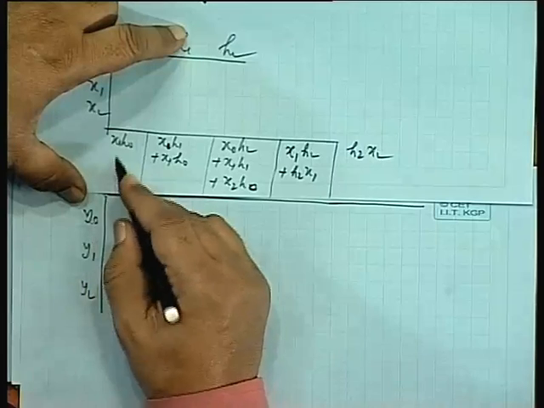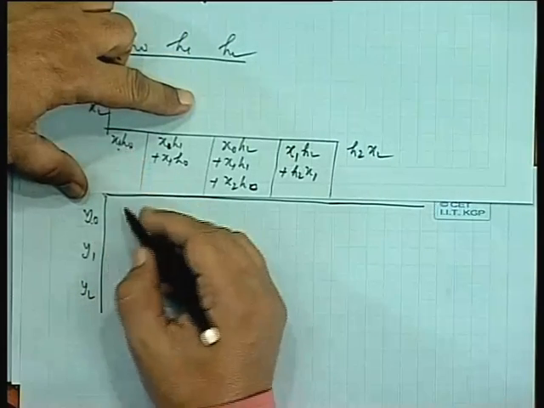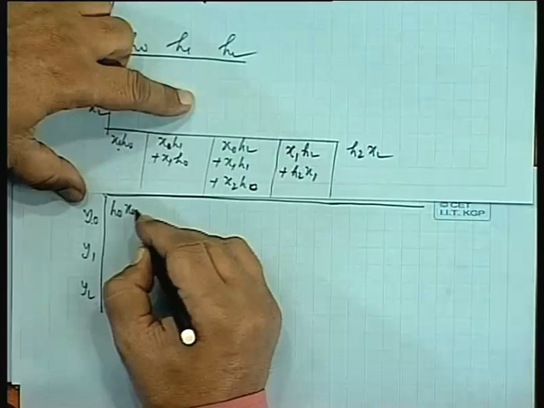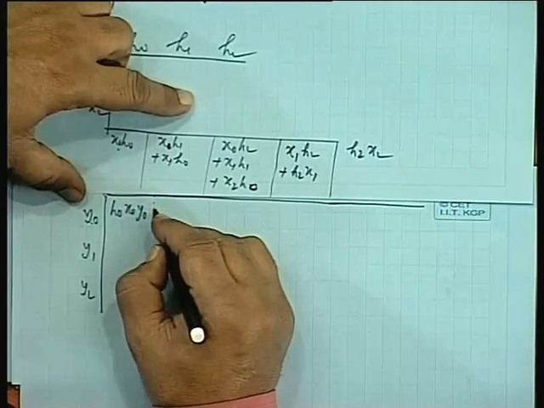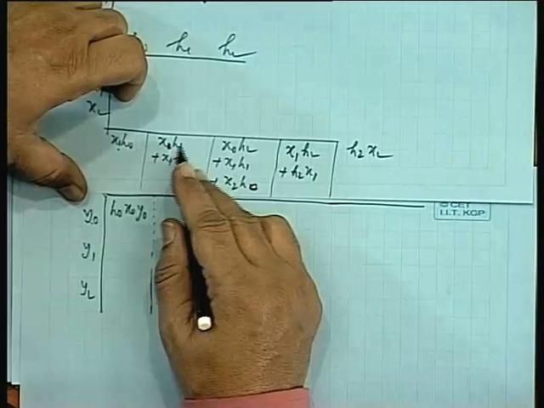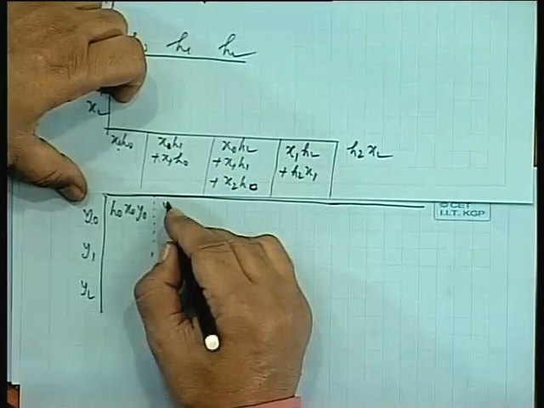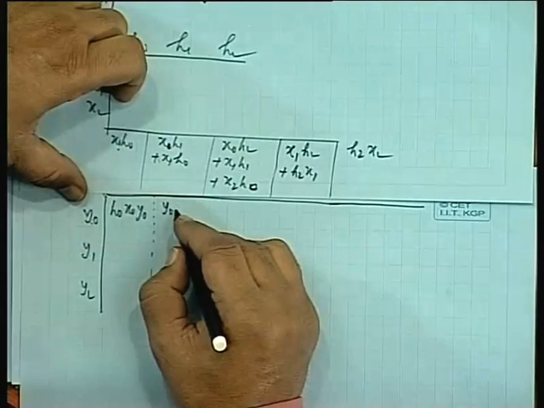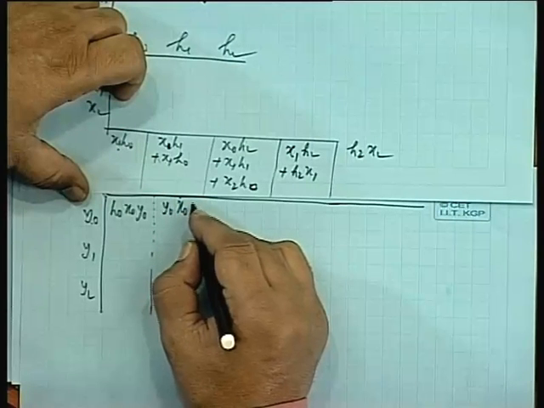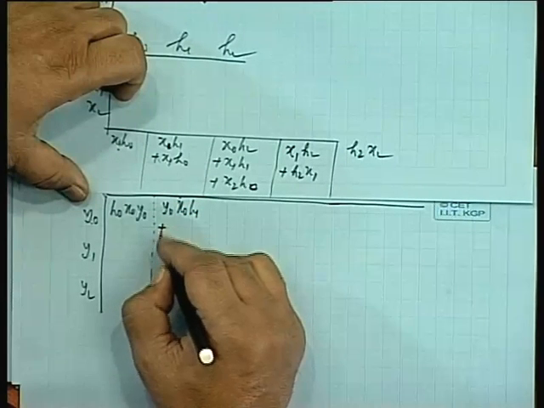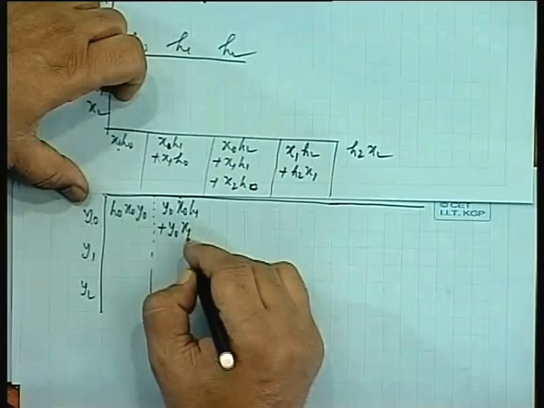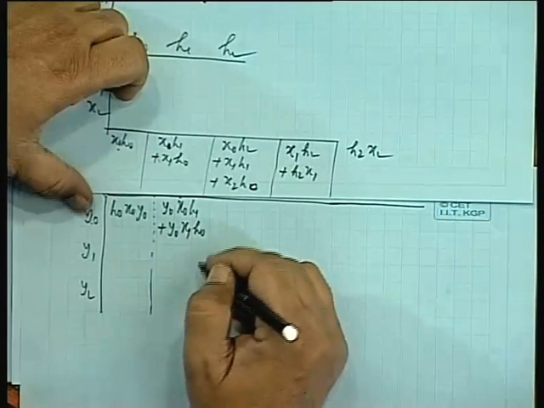It will be y0, x0, h0. All right. Next, y0 into x0, h1 plus y0, x1, h0. All right.